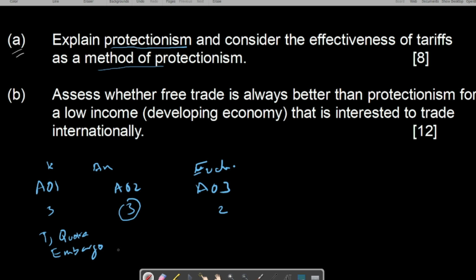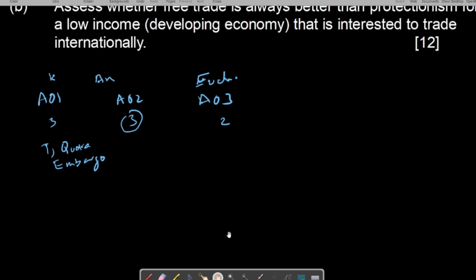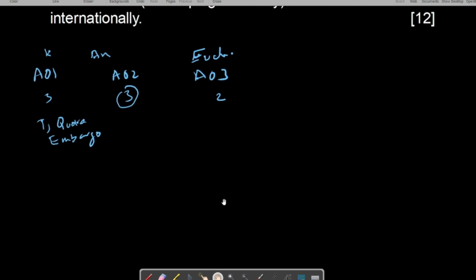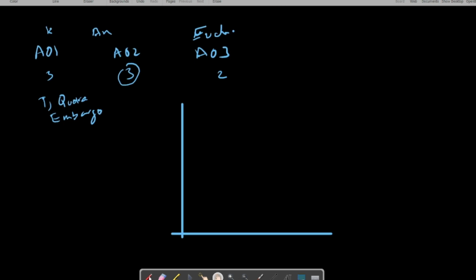In analysis, you have to connect these things, the methods of protectionism and their effectiveness, right? Like the effectiveness of tariff as a method of protectionism. You will explain that a tariff is a form of tax imposed on imported goods, and if the government imposes a tariff on imports, then they will get expensive, and since it is a form of indirect tax, it reduces the supply of imports.